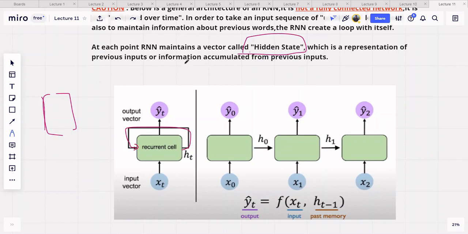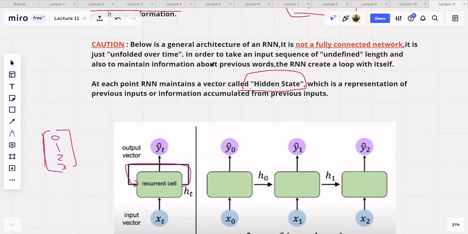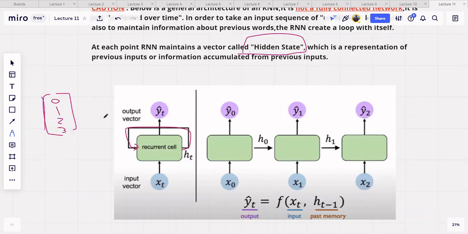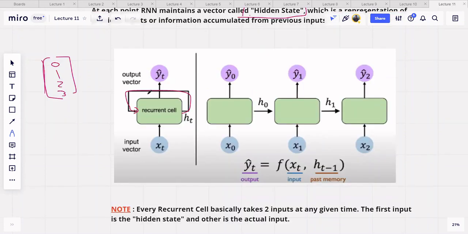It can be of any length, or contain any numerical values. Just remember that the hidden state is a vector, and this vector helps the recurrent neural network persist context, to maintain the sequential relationship between the inputs.